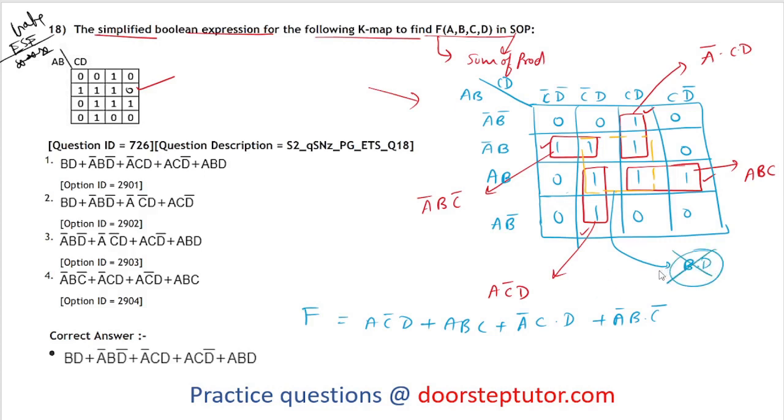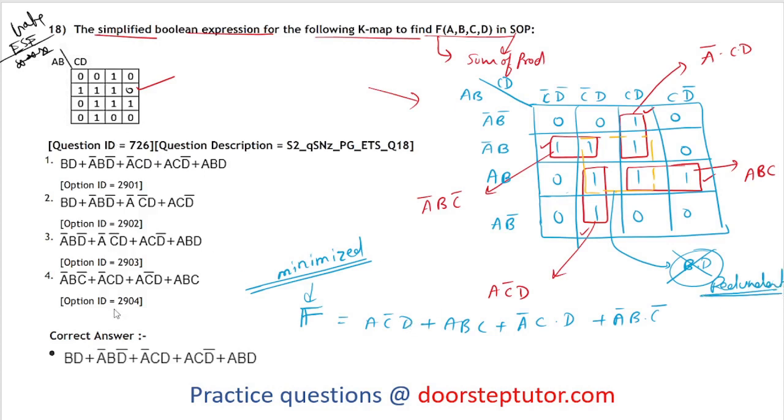So it will not be written in the expression of f because using K-map we have to write the minimized expression. Minimized expression means redundant terms should be removed. So this is a redundant term and it must be removed from the expression.